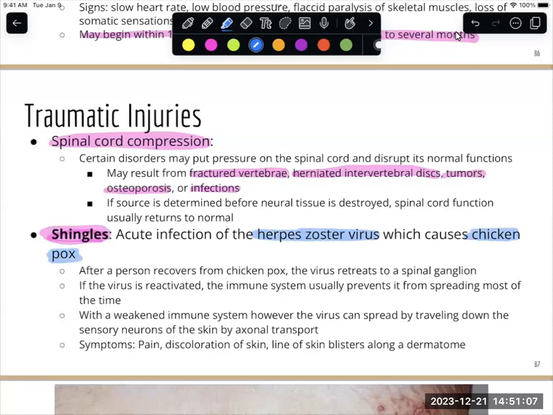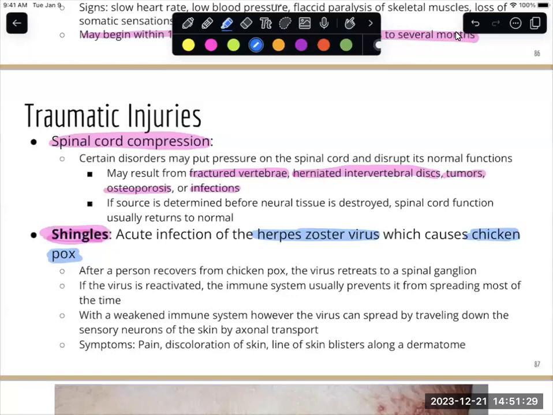After you get over this virus infection, chickenpox, viruses tend to just go hide out and lie dormant in our body sometimes, and then they like to come out randomly. Certain viruses like to do this. Herpes zoster is one of them.